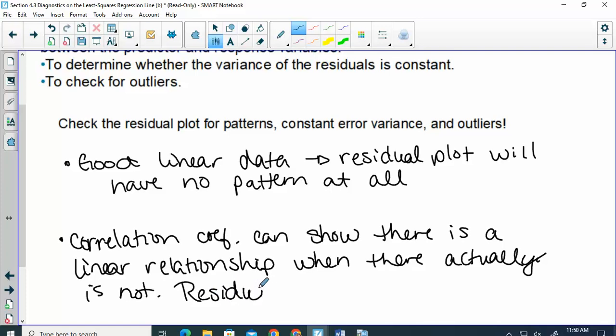Residuals check for this. So it's possible that we might get an R value that our table says is good enough to call it linear, but if we actually dig a little deeper, linear is not the best option for that data. So that's when you would want to look at residuals to see if there's something else.